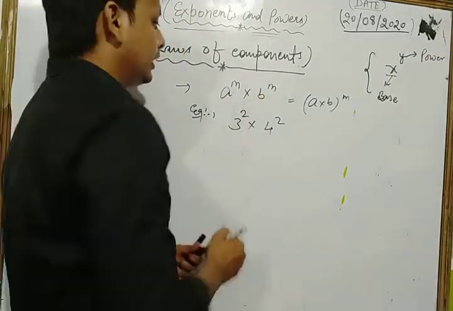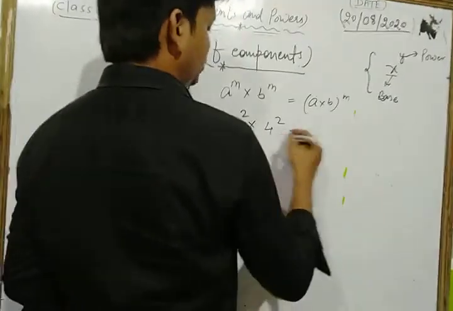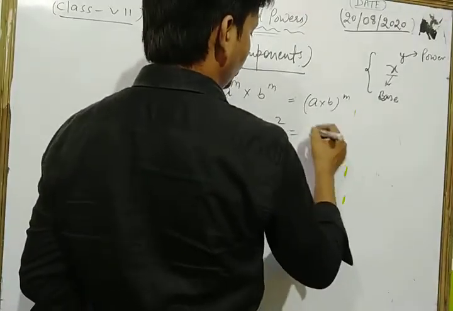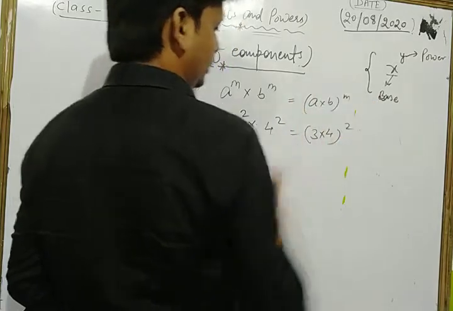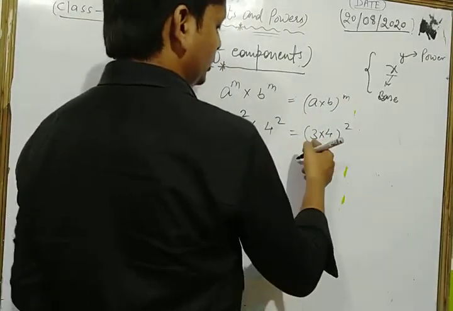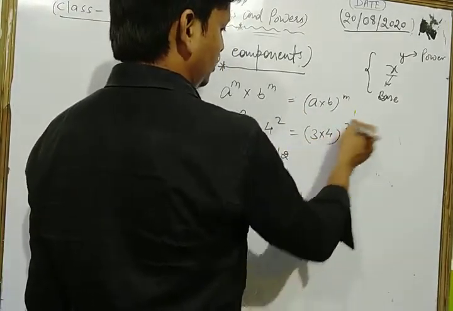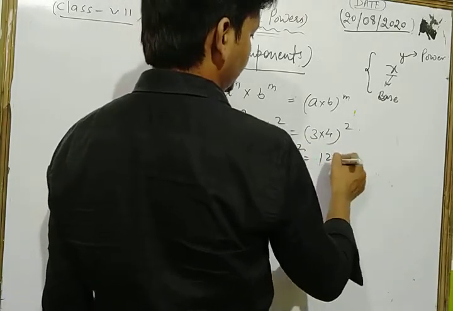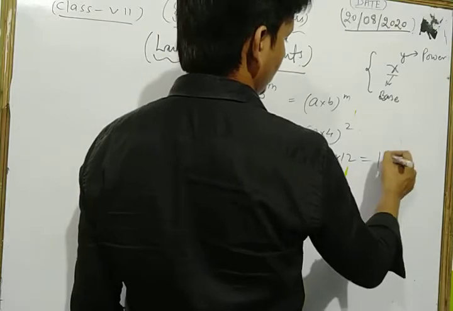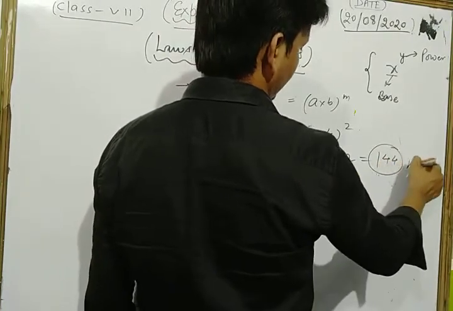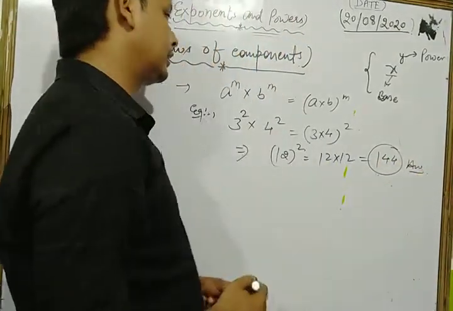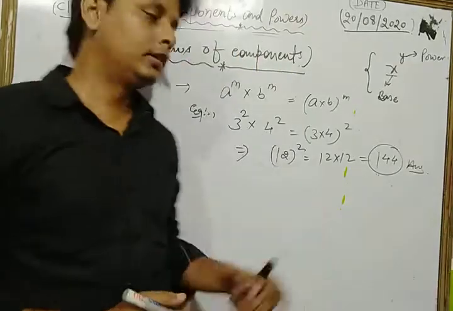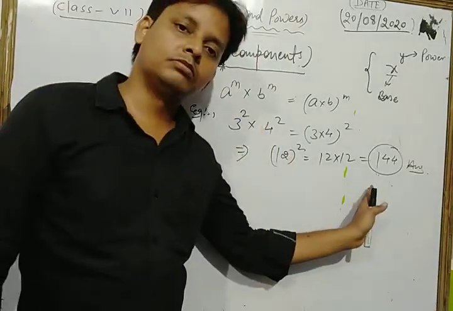What I do is write 3 into 4 taken together and whole to the power 2. So we get 3 fours are 12, and 12 to the power 2 means 12 into 12, which is 144. This is our final answer. So dear student, we use that law in this way.